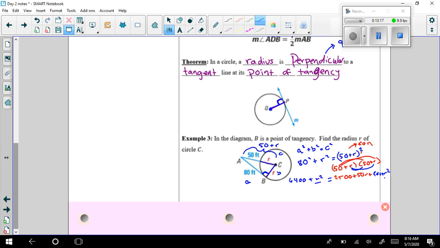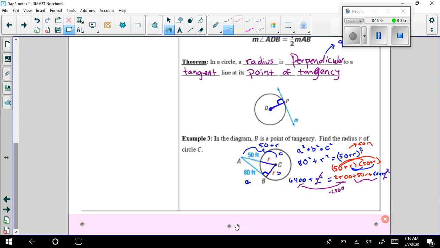Well, we have an r squared on both sides of our equation. So anytime that happens, you can just cancel things out. We have like terms here that need combined. And then we have this here that can be subtracted over here. So 6,400 minus 2,500, and we end up with 3,900 equals 100r.